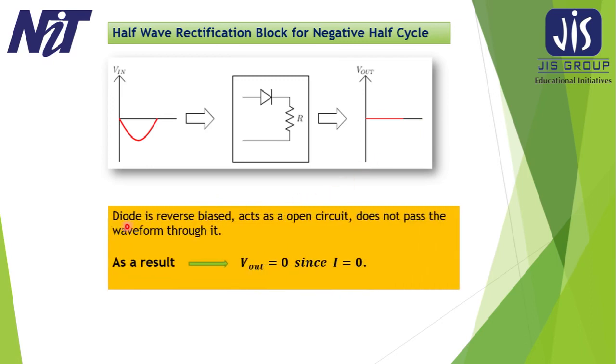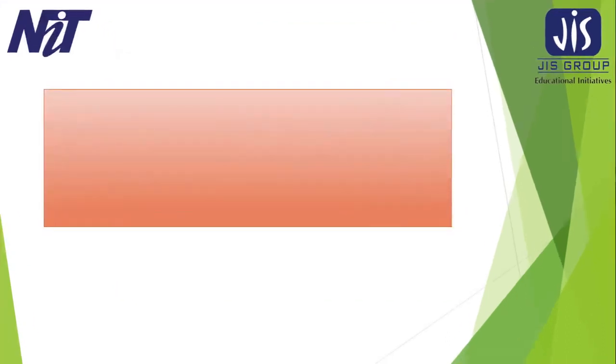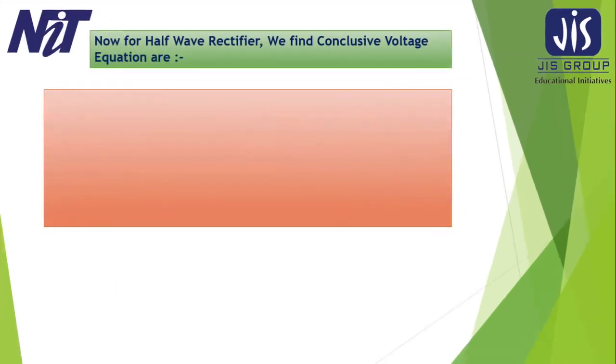The diode is reverse biased and acts as an open circuit and does not pass the waveform through it. As a result V out is equal to 0, since there is no current, I is equal to 0.